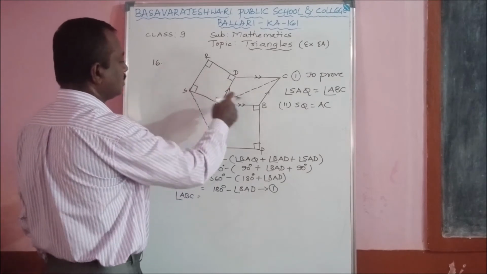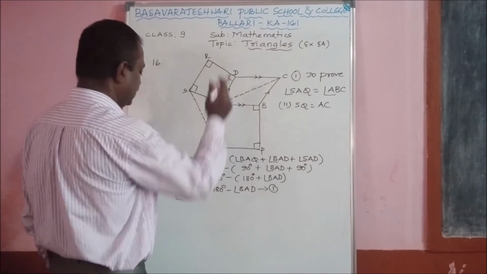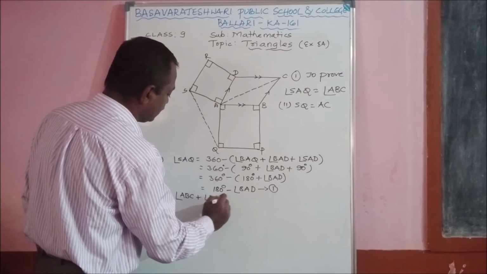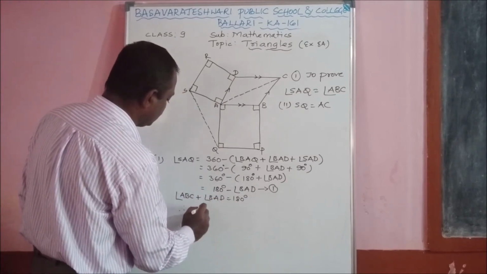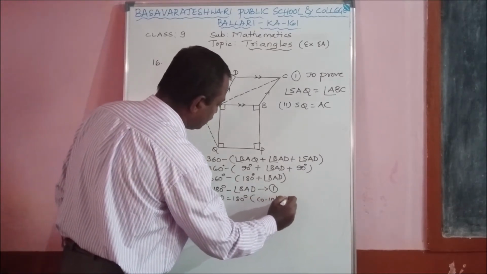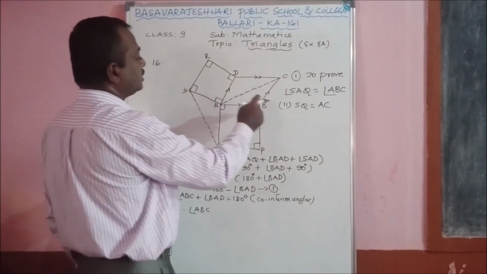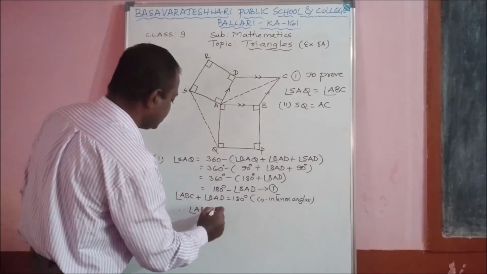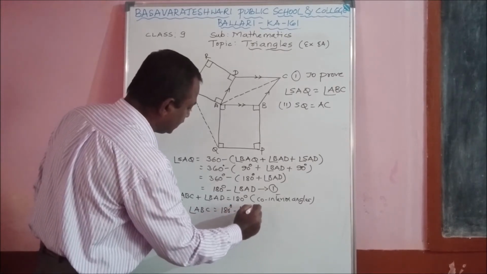These are co-interior angles, so angle ABC plus angle BAD is equal to 180 degrees, because AD is parallel to BC and AB is the transversal. Therefore, angle ABC is equal to 180 degrees minus angle BAD.